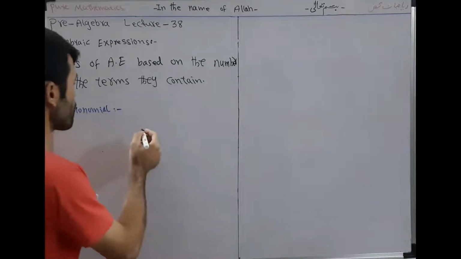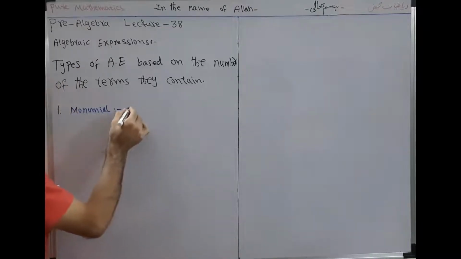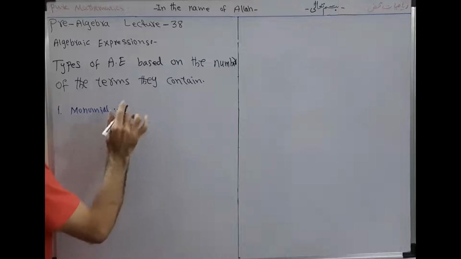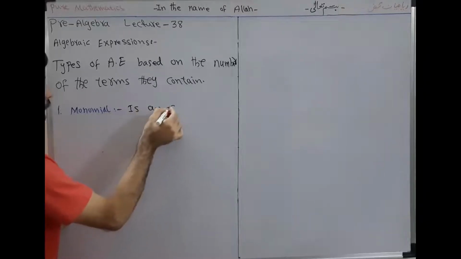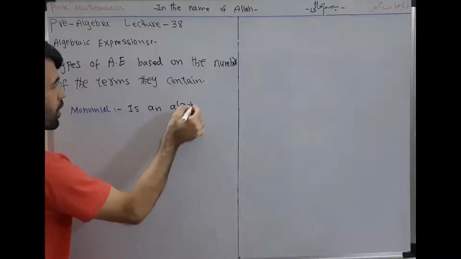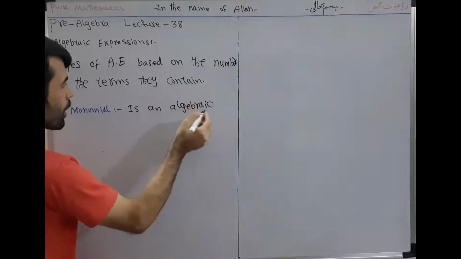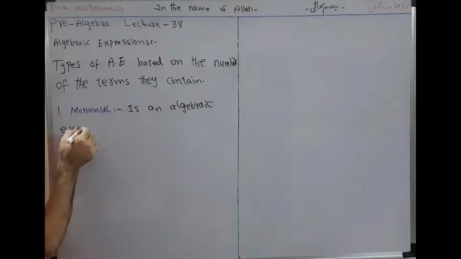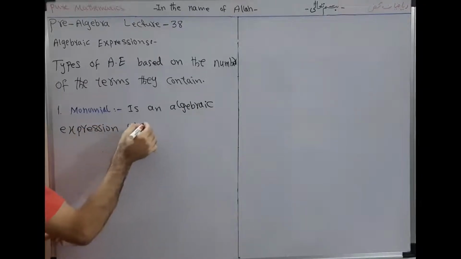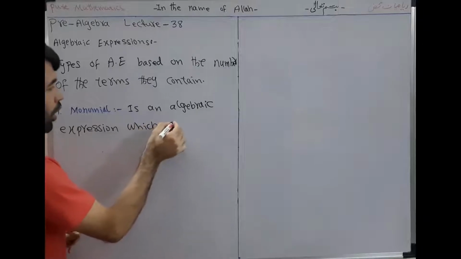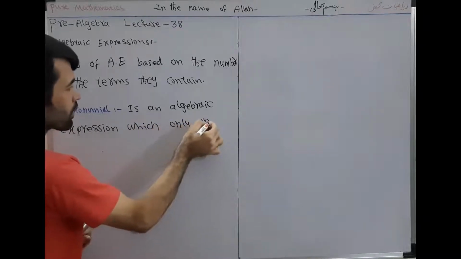First one, monomial, is an algebraic expression which has only one term.